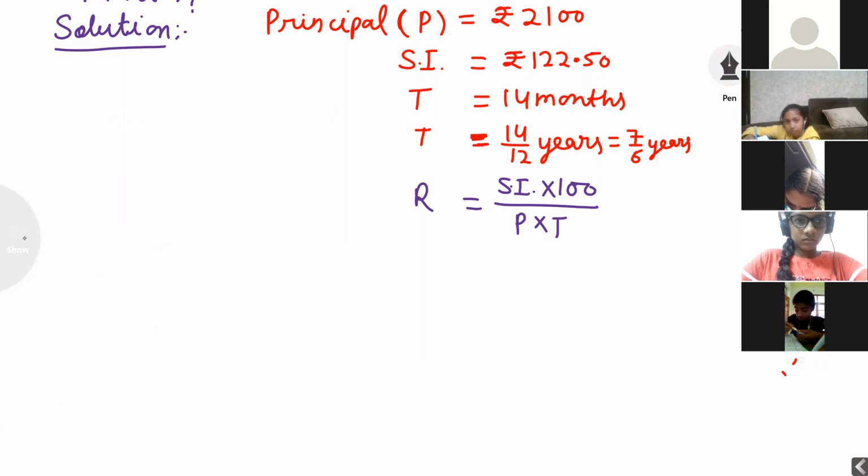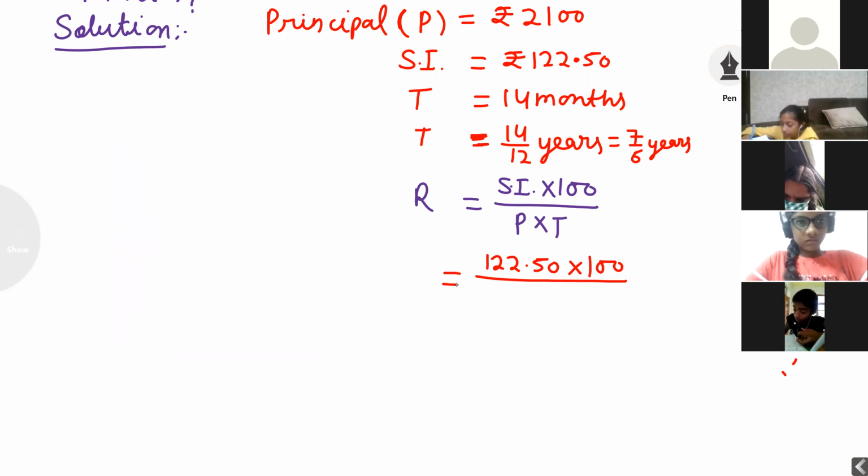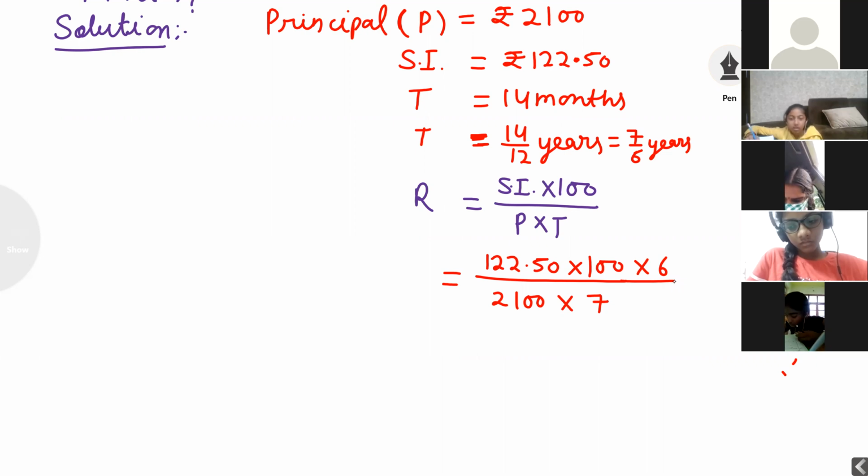Simple interest he has given 122.50, into 100, divided by principal 2100, into time 7 by 6. 7 by 6 will go up. Don't confuse. 7 by 6 means 6 will go up, right?